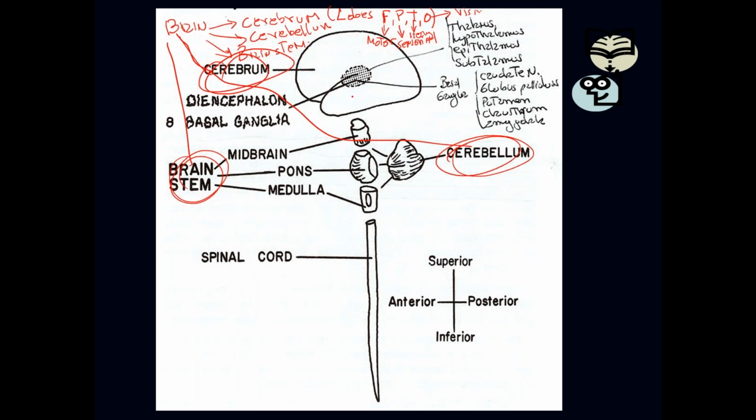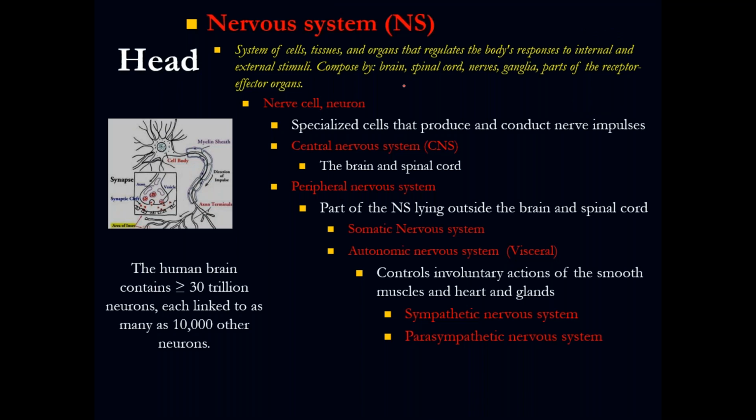Okay, so this is the classification that we were talking about in the past for the nervous system, right? The nervous system is divided into the central nervous system and the peripheral nervous system. The central nervous system, again, is the brain and the spinal cord.